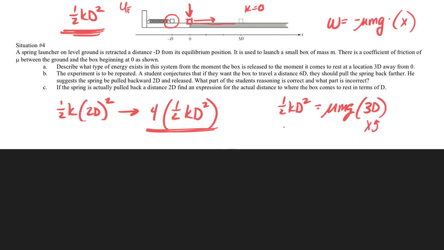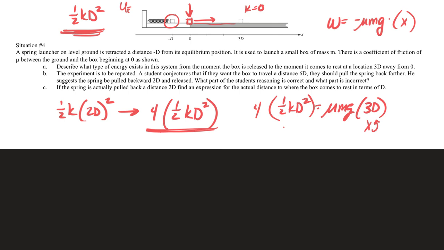That's what x was. If I have 4 times the energy, I think it's going to go 12d. So I don't think I need to pull it back that far. I think I have to pull it back something less. Probably square root of 2d would probably be the best way to go. But I didn't ask that.